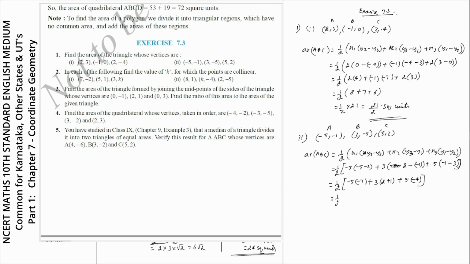So this is equal to half. Now minus 5 into minus 7 is 5 7s are 35. I'll get plus 35. Okay, now plus here 2 plus 1 is 3, 3 into 3 is 9. Next 5 4s are 20. So minus 20.